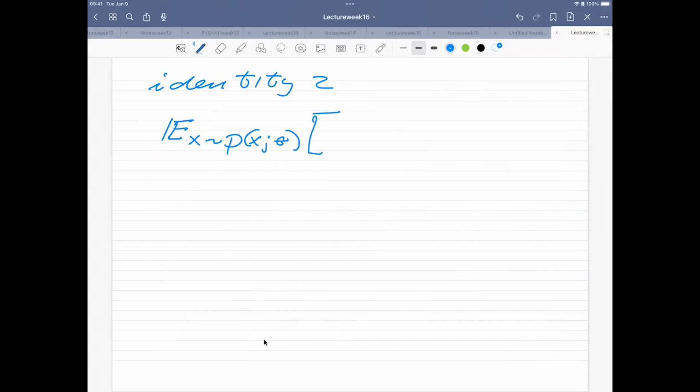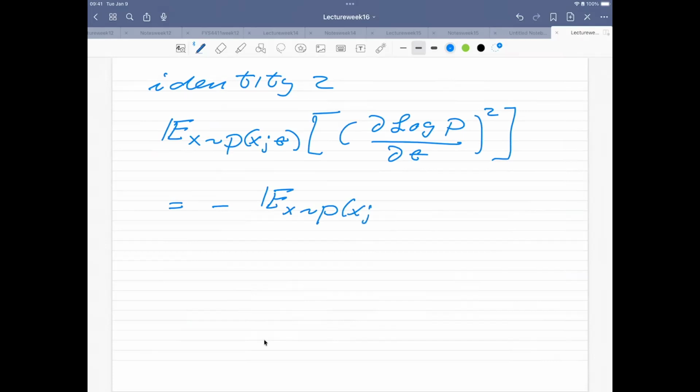So this quantity here, the log of p with respect to theta squared, is actually equal to minus the expectation value, and I leave that as a small exercise to show. You will also find guidance on how to solve it in the additional notes. And this is given by the second derivative of log p with respect to theta.